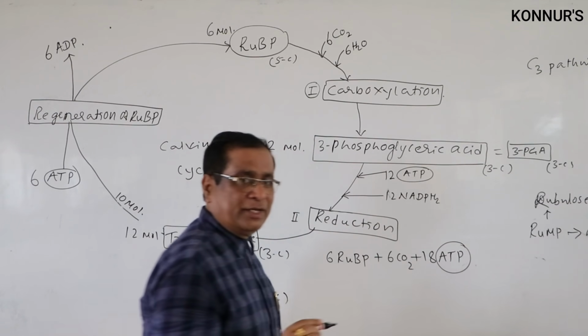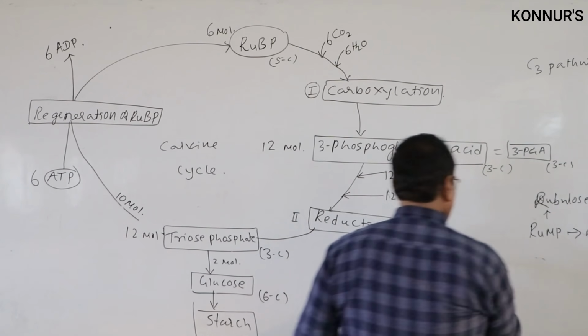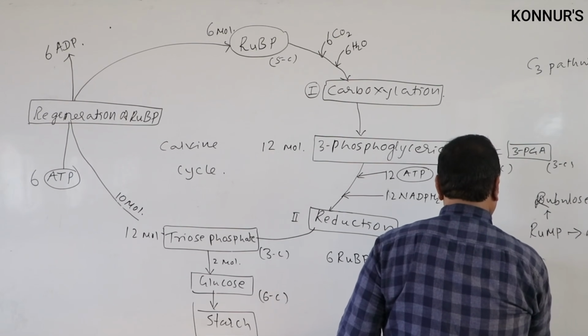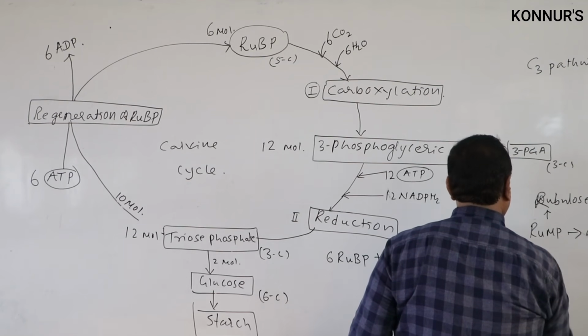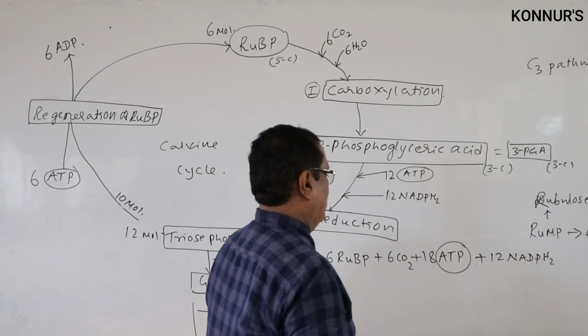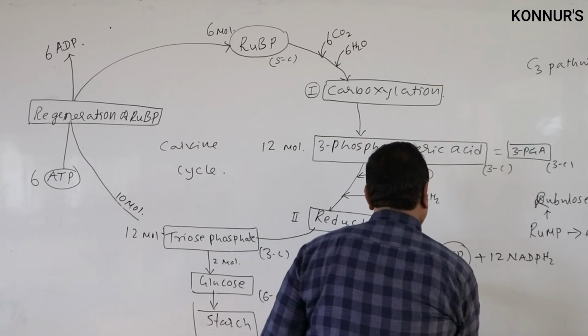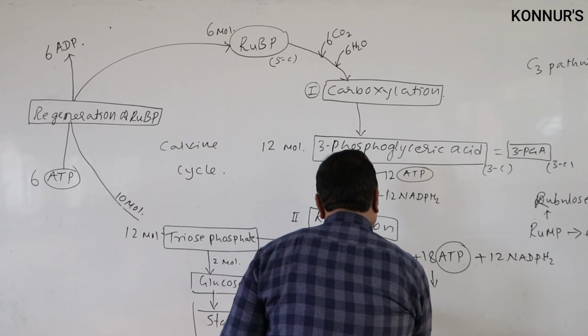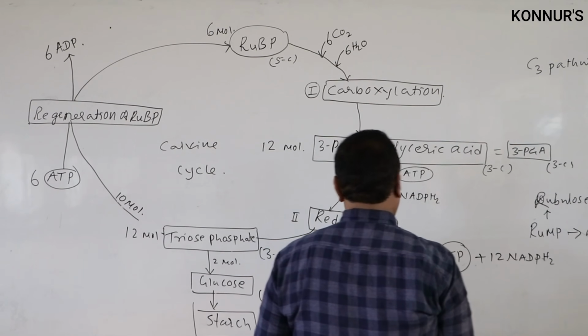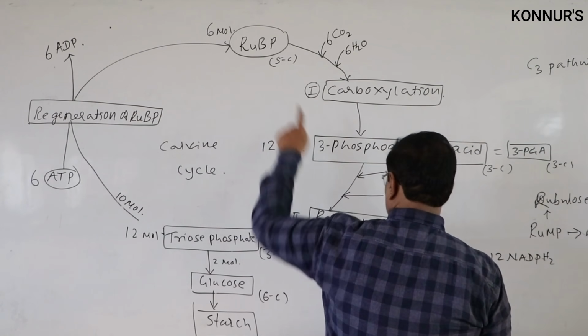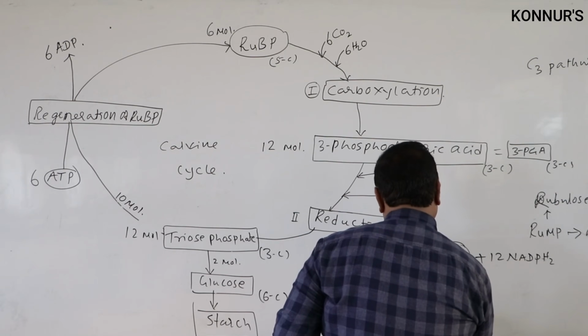How many NADPH2 are used? 12 NADPH2. And leading to the formation of one molecule of glucose. And then those 6 RuBP are regenerated.